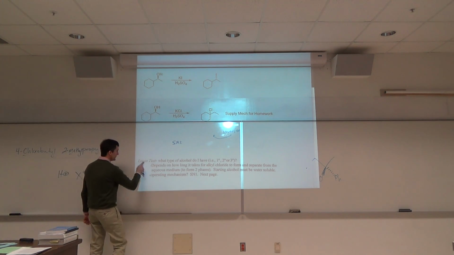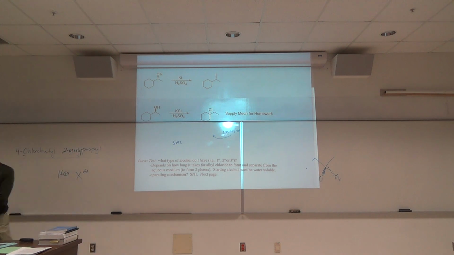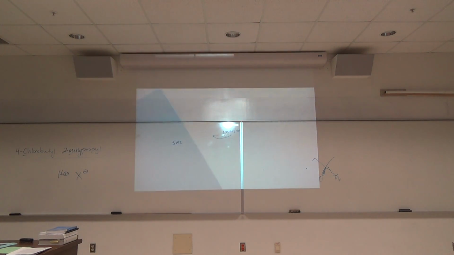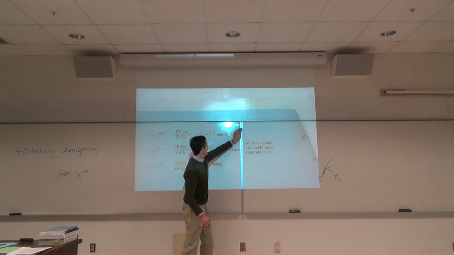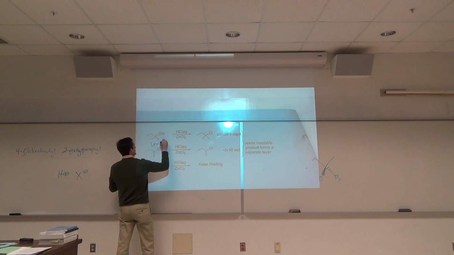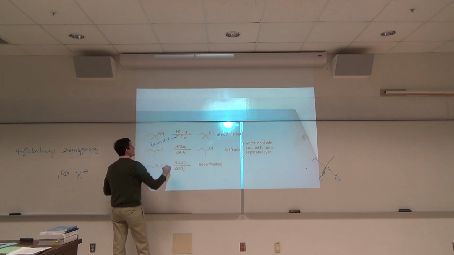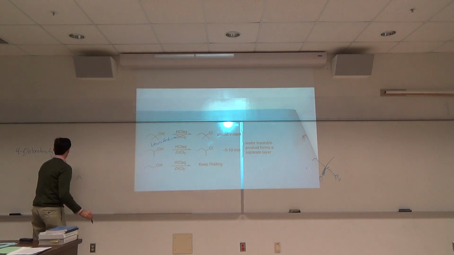It's not written here, but you react the alcohol with, it's on the other page, let's just flip over, you react the alcohol with HCl, which also includes zinc chloride. It's a Lewis acid. It makes it more acidic. Makes it react a little bit faster.